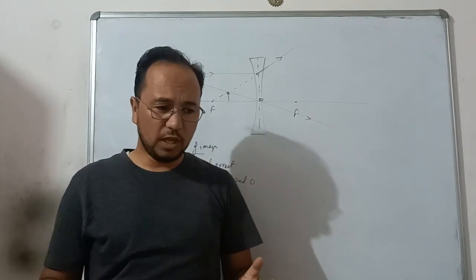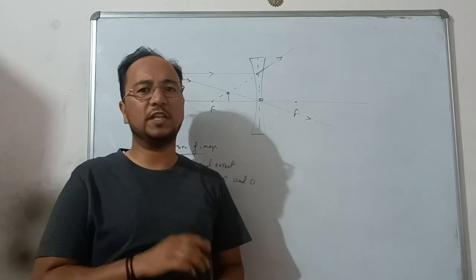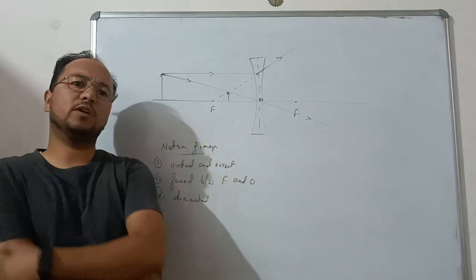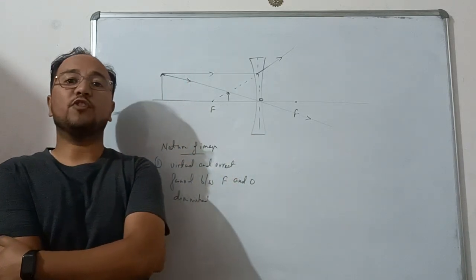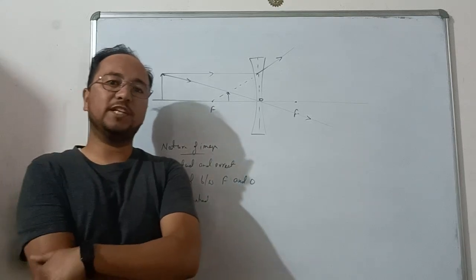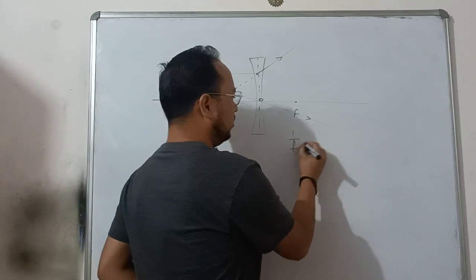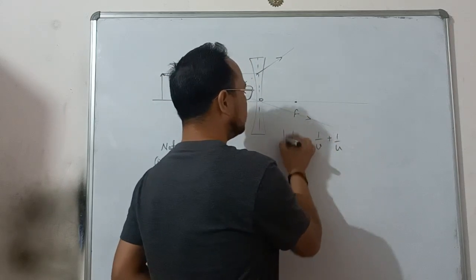So in the next class we will discuss the magnification produced by the lens, as we discussed in the mirror chapter, and then we will discuss the lens formula. In the previous chapter we discussed the mirror formula. What is the mirror formula? 1 upon f is equal to 1 upon v plus 1 upon u. This is the mirror formula.